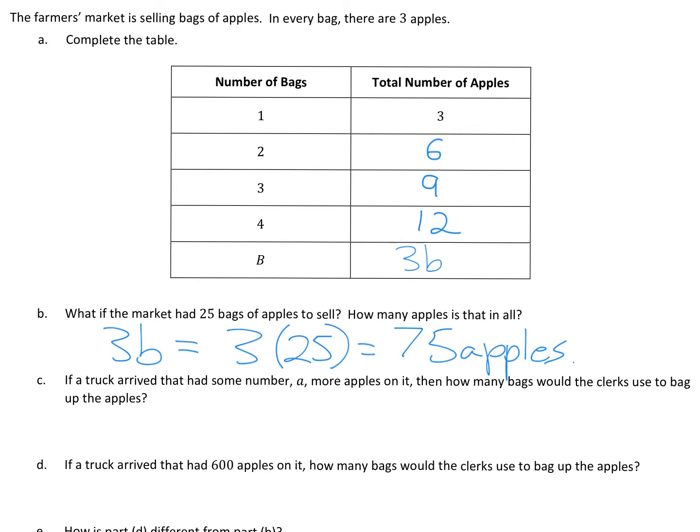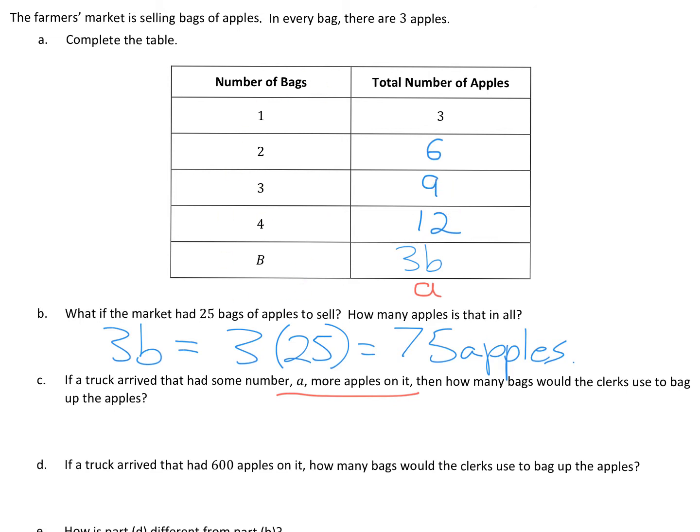In this case it's saying A, some number A apples. A represents the number of apples now. So if we have A representing the number of apples, how can we figure out how many bags that would be? Well, just like before, the number of bags is 1/3 of this, or this divided by 3. 9 divided by 3 is 3. 12 divided by 3 is 4.